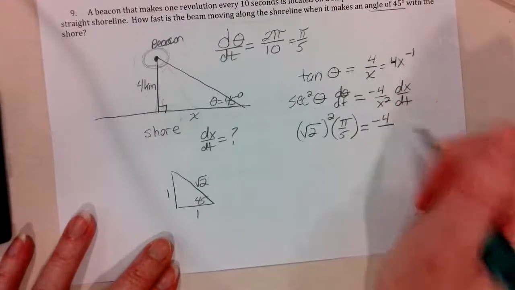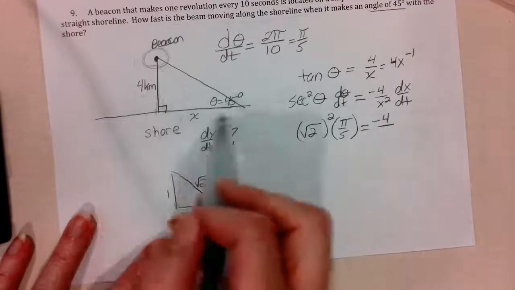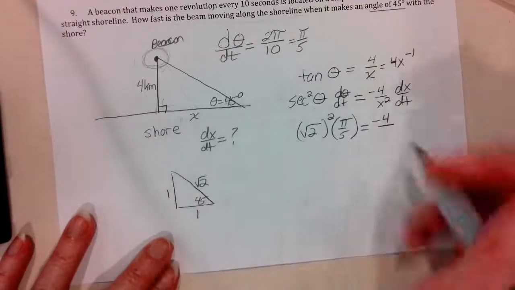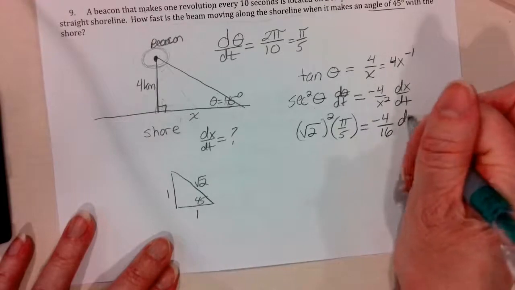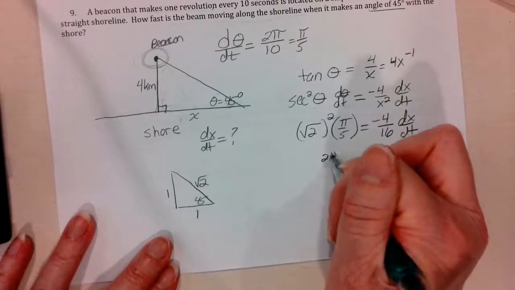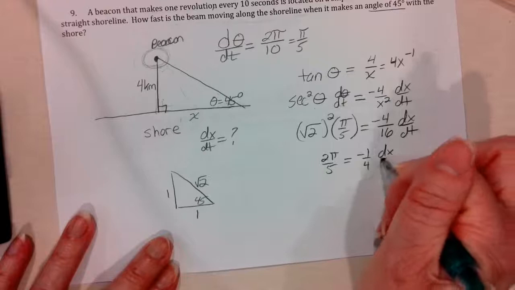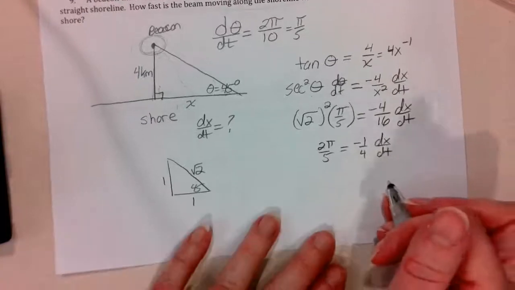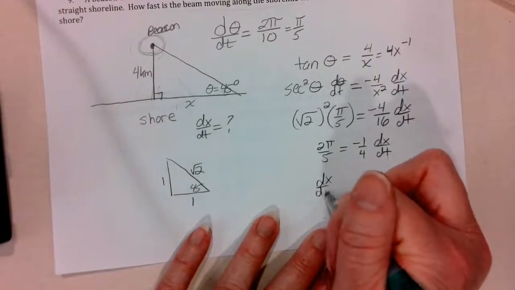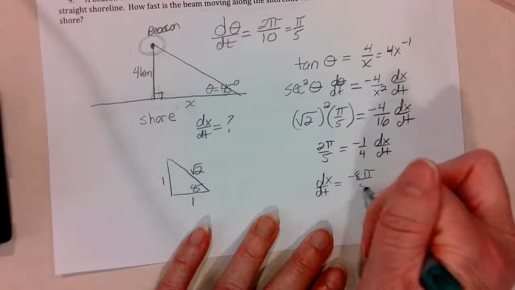Negative 4 over, I need the x at this moment. Well, because it's 45, 45, 90, that's got to be a 4. And then I'm solving for dx/dt. Left side becomes 2 pi over 5, equaling negative 1/4 dx/dt. Solving for dx/dt, I am getting negative 8 pi over 5.